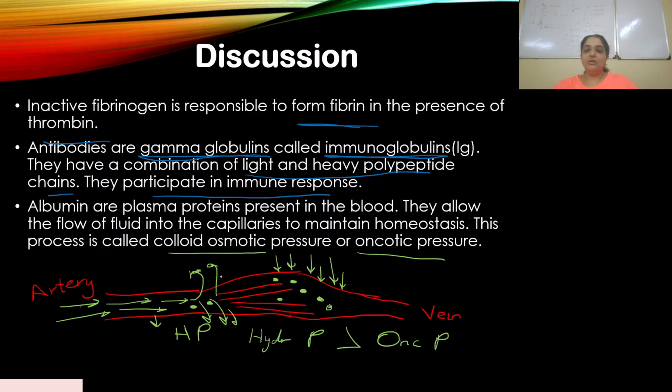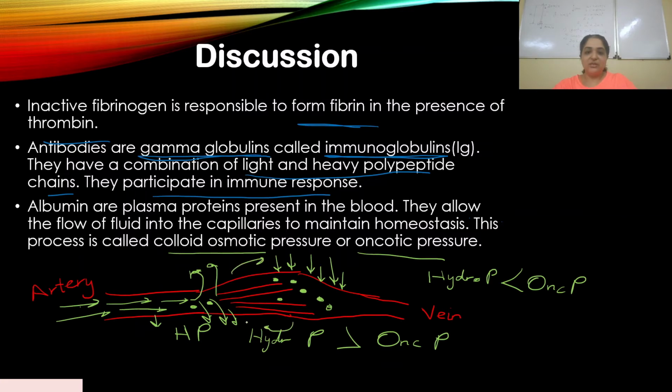But you cannot allow fluid to just keep flowing out. There has to be a balance. In a body, a balance is always maintained. So you can't just allow fluid to be pushed out of the capillaries; it has to be brought in also. Then oncotic pressure comes into effect. By the time it reaches the vein, hydrostatic pressure decreases and oncotic pressure increases, so fluid moves back into the blood system.